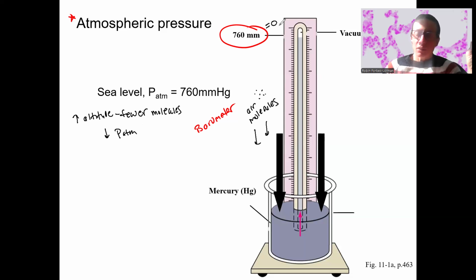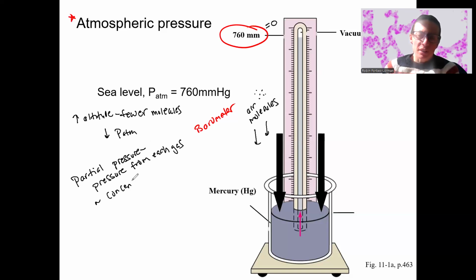The other thing on this slide is I want to introduce the concept of partial pressures. Partial pressure refers to the pressure exerted by each gas. It's kind of equivalent to concentration that's used for gases. So we will see PO2 and PCO2 the most often. P of N2, nitrogen, would also be a big one. It's actually a very high proportion of our atmosphere.